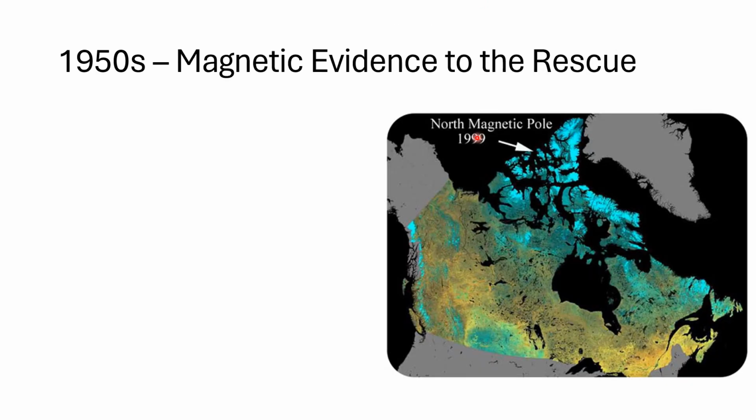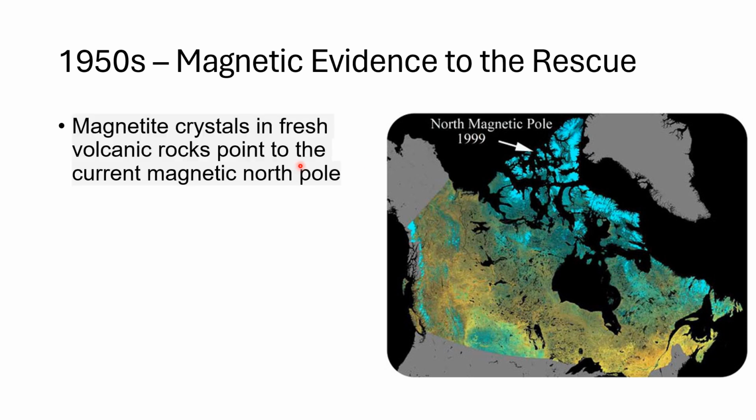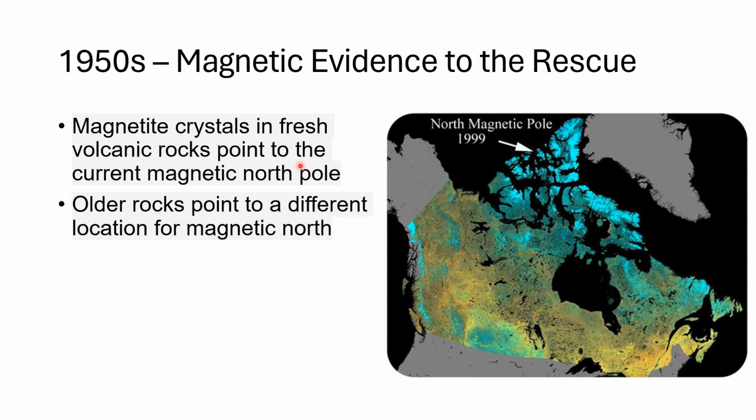So let's take a look at continental evidence. Well, what they were able to determine was that fresh volcanic rocks point to the current magnetic North Pole, which is what we just discussed. But as they would apply it to older rocks, they too would point to a magnetic north, but it was different than the one we have today.